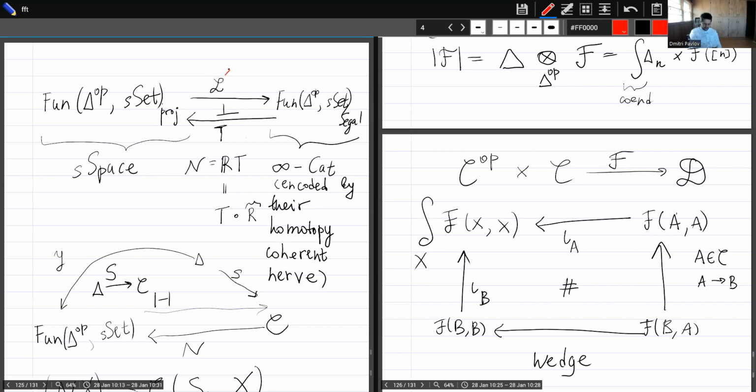What you can prove here is that the left derived functor of L is weakly equivalent to the homotopy left Kan extension along the Yoneda embedding of the functor you have. This is the same inclusion of the simplex category into infinity categories.